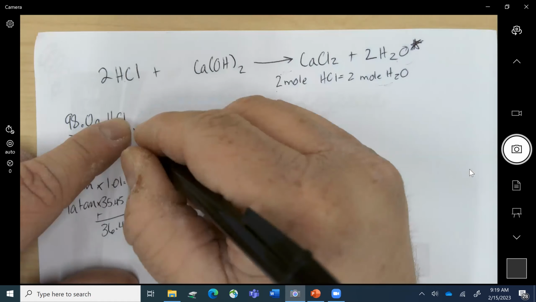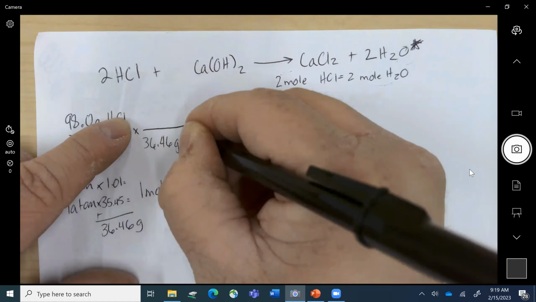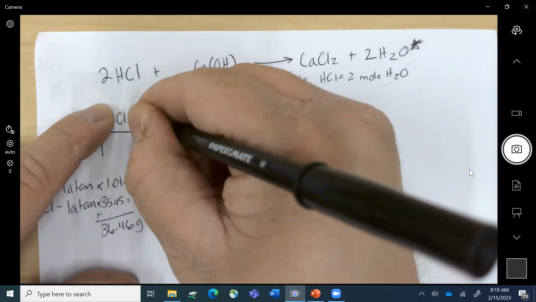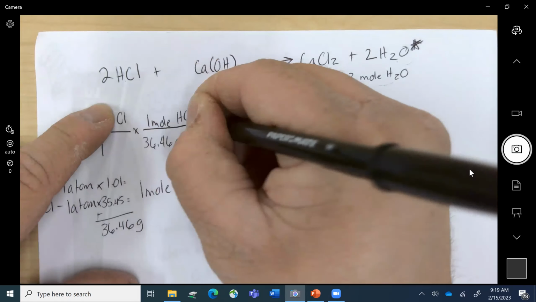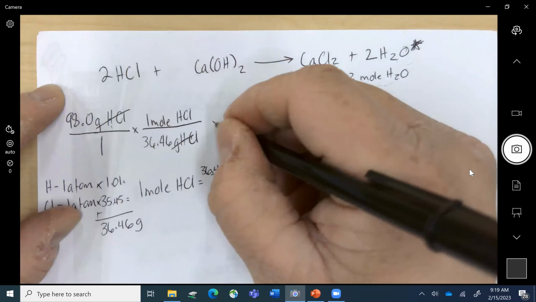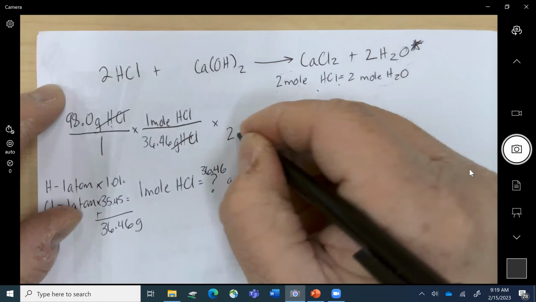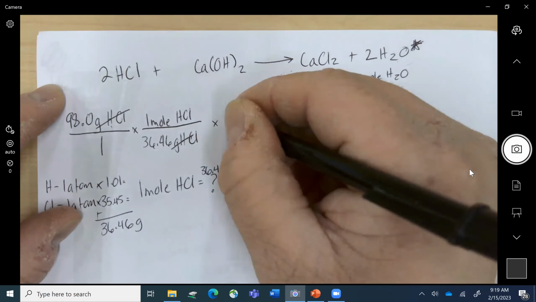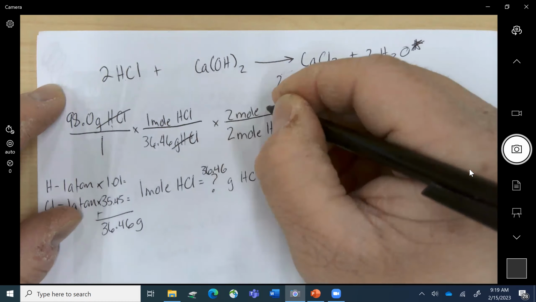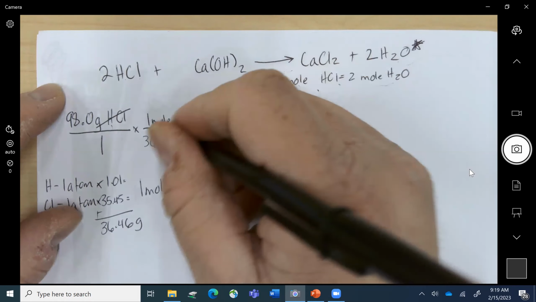So I know that 36.46 grams of HCl equal 1 mole of HCl. The grams cancel. And now I know that 2 moles of HCl equal 2 moles of H2O. As you can see, my moles of that cancel.